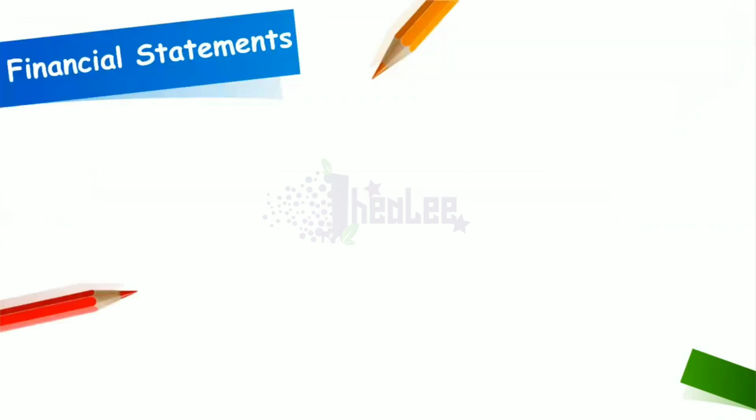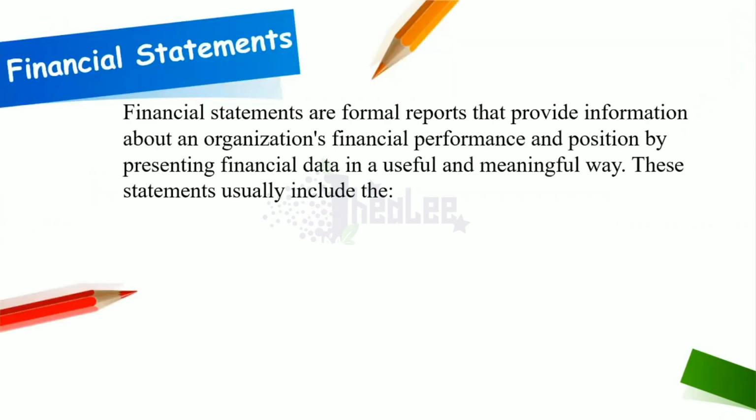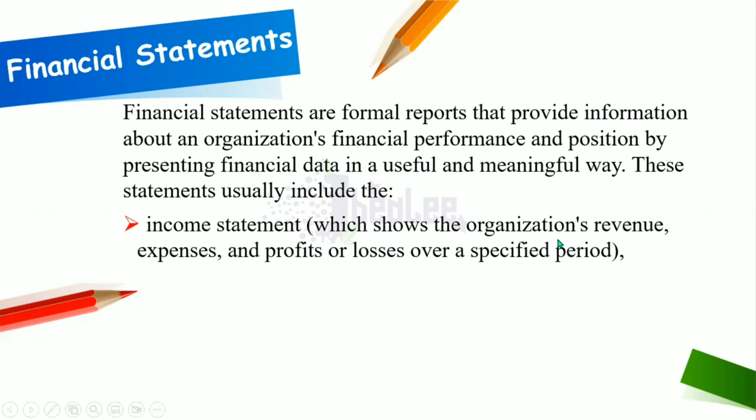Let us look at what financial statements are. These are formal reports that provide information about an organization's financial performance and position by presenting the financial data in a useful and meaningful way. These statements usually include income statements, and this shows the organization's revenues, expenses, and profits or losses over a specified period, which is basically the financial period that you're looking at.